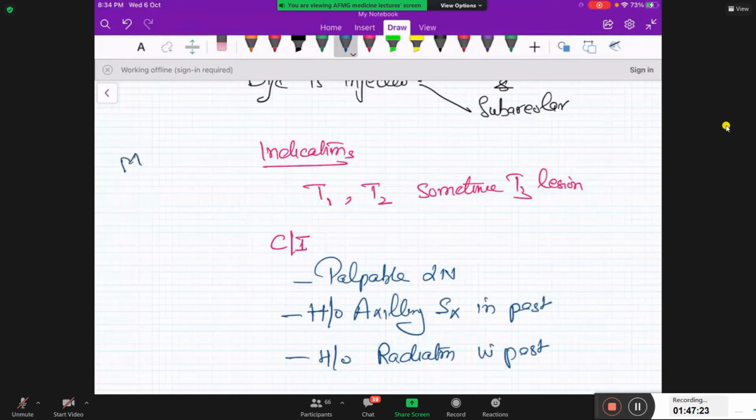Most common complication of sentinel lymph node biopsy is skin tattooing.